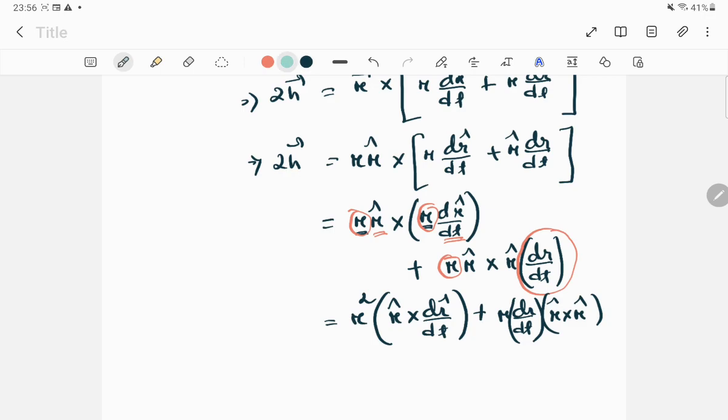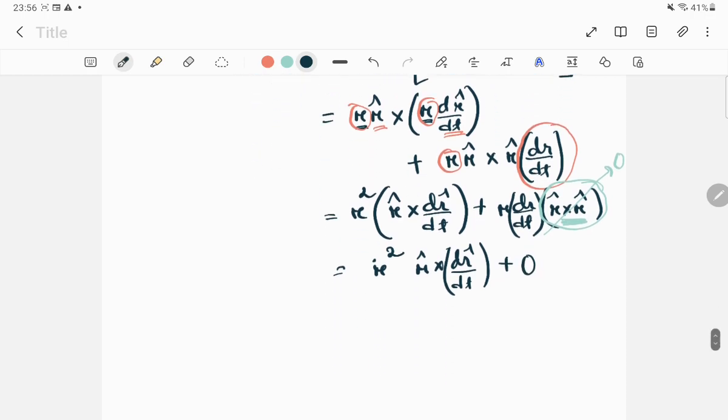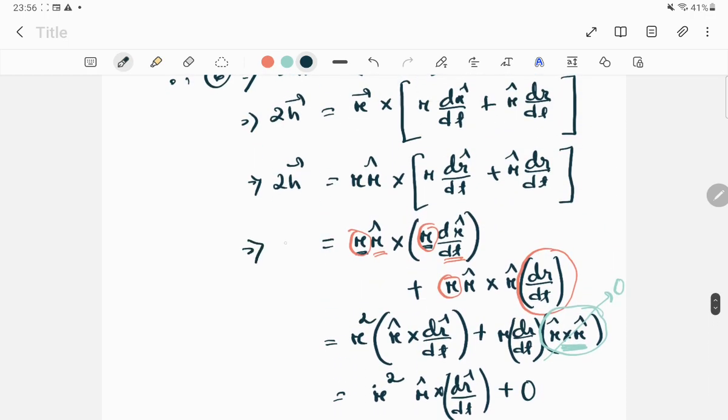This means the cross product of the same unit vector, so the angle between them is 0, sin theta is 0, and this part will become 0. So finally we have r square r cap cross dr cap dt plus 0.